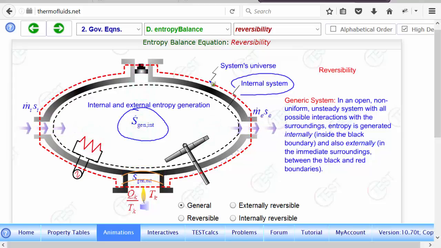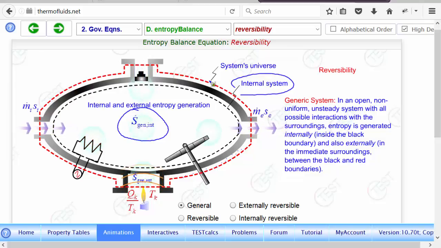Entropy is generated, and once generated, entropy can never be destroyed. That's the second law of thermodynamics, right? There cannot be negative friction. So entropy generation is the fingerprint of a natural process. You can never undo it once it's generated. So you cannot undo a process if entropy is generated.